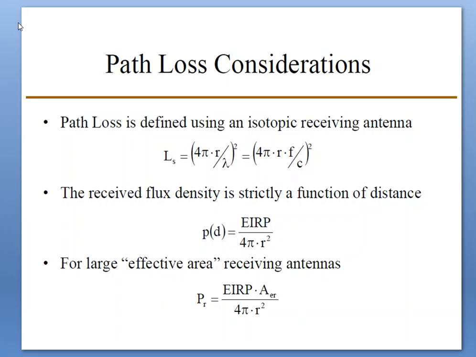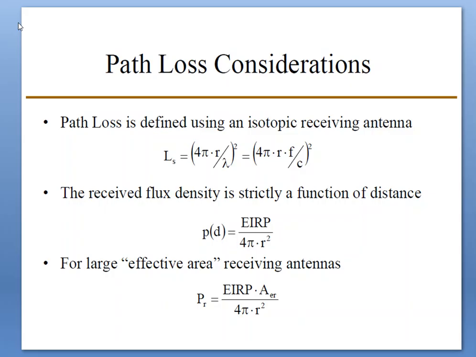Hence, the path loss is a convenient tool. It represents a hypothetical received power loss that would occur if the receiving antenna were isotropic. The above equations establish the power density as a function of distance from purely geometric considerations. Power density is not a function of frequency.